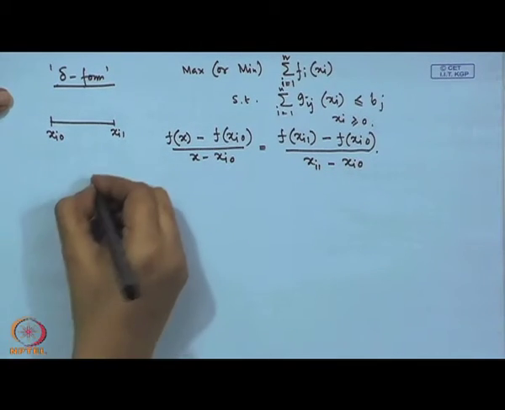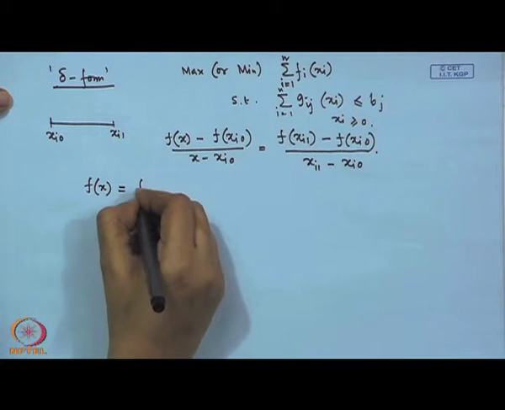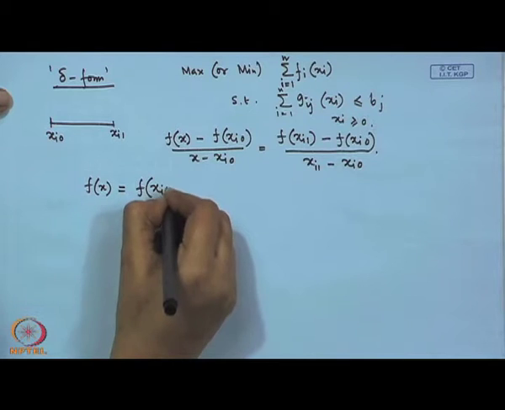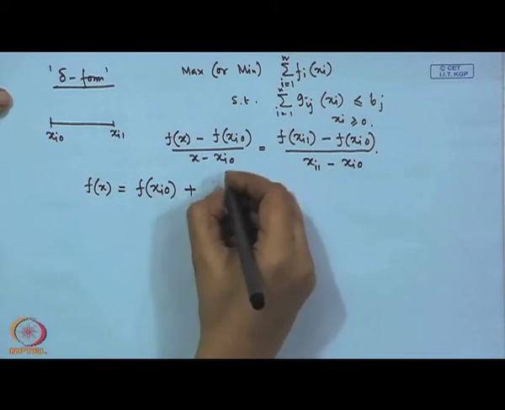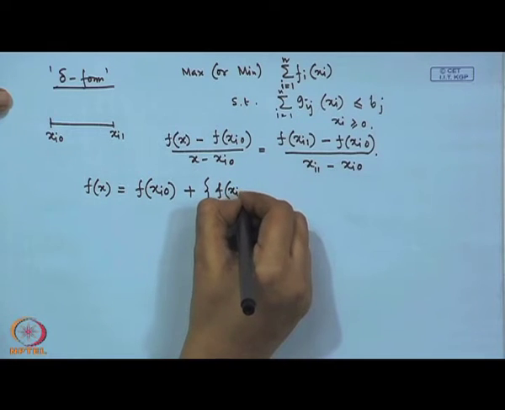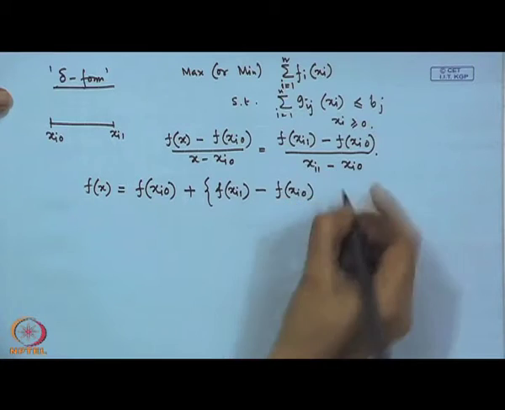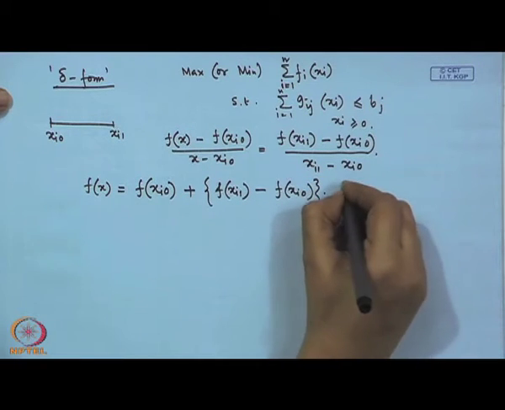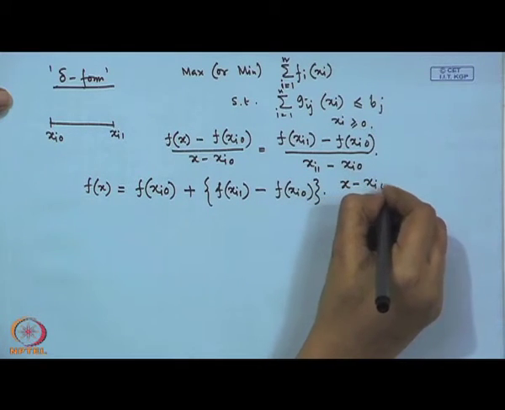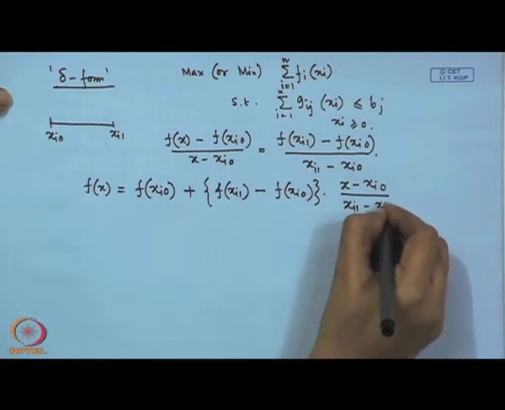Rather, I can write f x as equal to f xi0 plus f xi1 minus f xi0 into x minus xi0 divided by xi1 minus xi0.